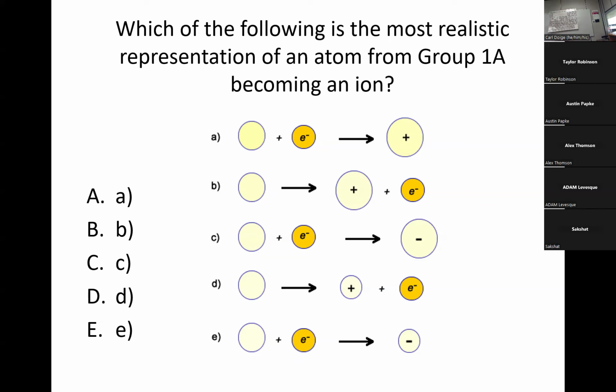Remember, group 1, they become ions, they're going to become cations. So what happens? What does that look like? I know that the scale's maybe not true, but what would be the best reflection of what happens when this atom becomes a cation? Both in terms of what happens to the electron, but also to the size.